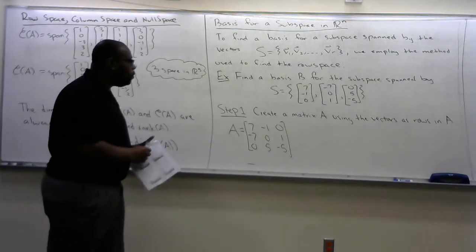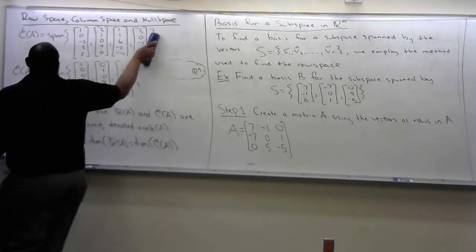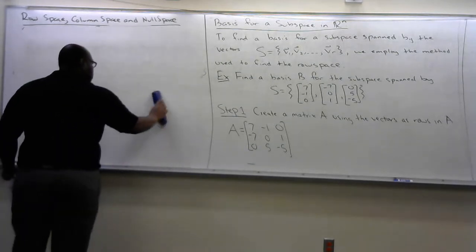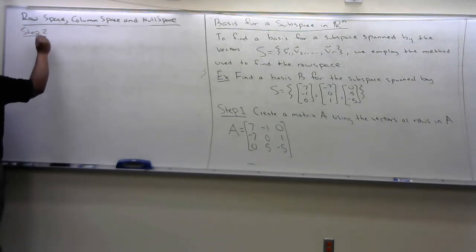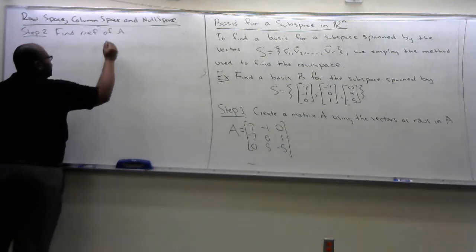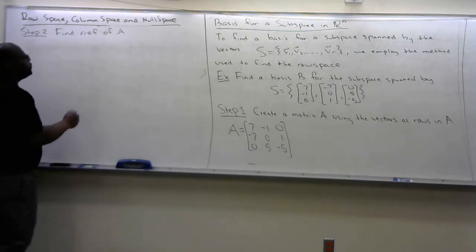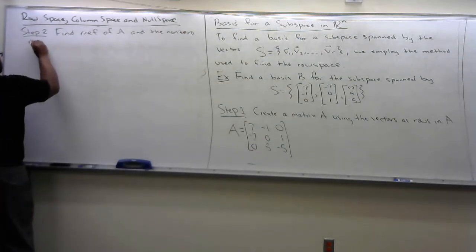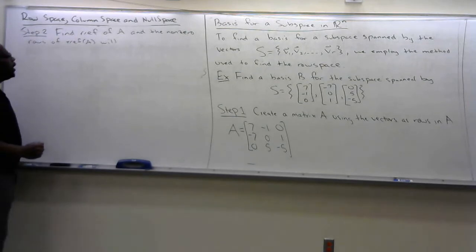The second step is that I'm going to take the reduced row echelon form of A. So I want to find the reduced row echelon form of A. And the non-zero rows will be a basis for B. So the non-zero rows of the reduced row echelon form of A will be a basis.